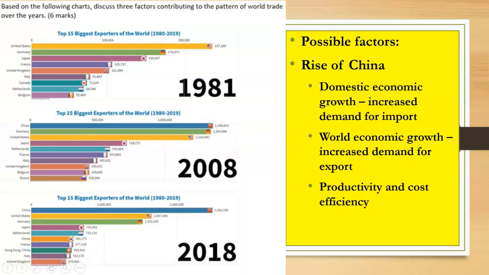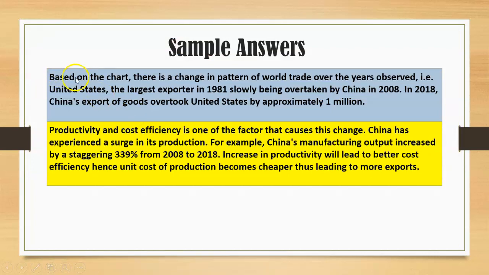So you see, this student wrote, based on the chart, there's a change. The student is telling the examiner, I have observed some changes here. You need to tell the examiner that. Then I tell you one reason why there's this change that I've observed. This whole thing will be 2 marks. The reason this student has put in is production.